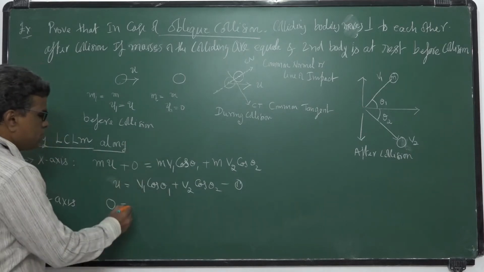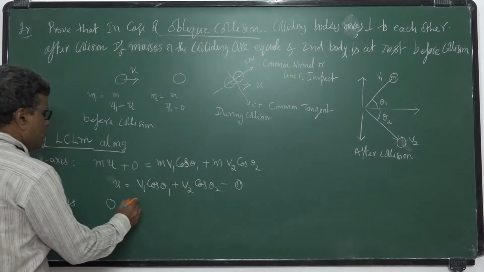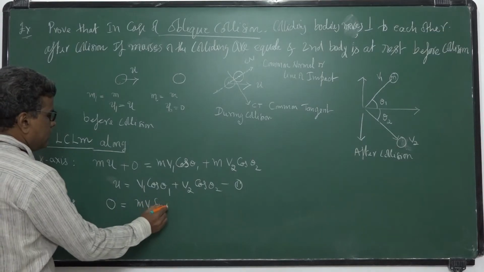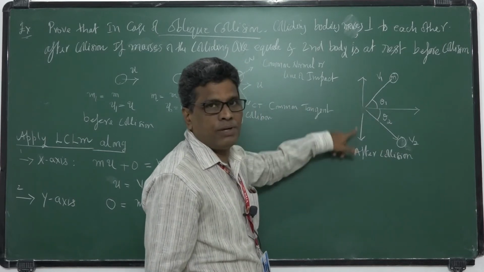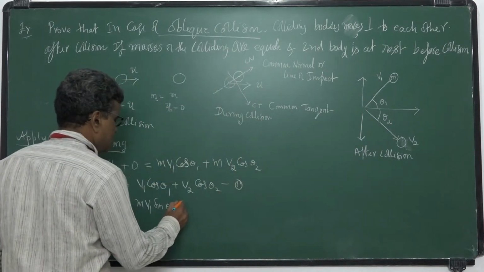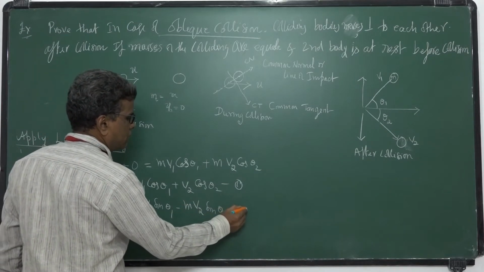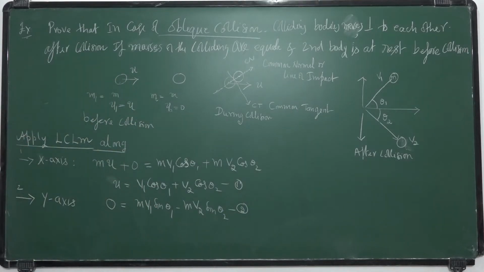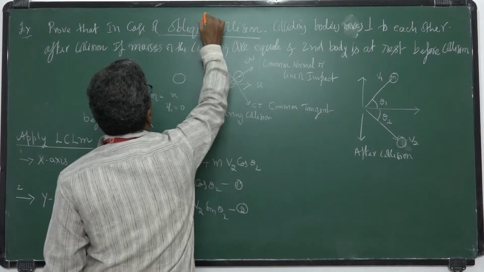After collision, the first one's momentum is mv1 sin theta 1 in this direction, and it is minus mv2 sin theta 2, because these two are in opposite directions. Call it equation 2. Here we assumed that this is an oblique elastic collision.